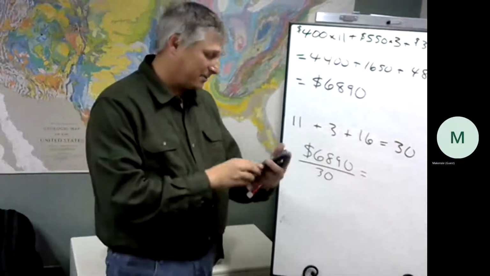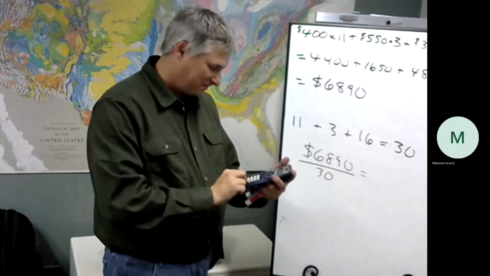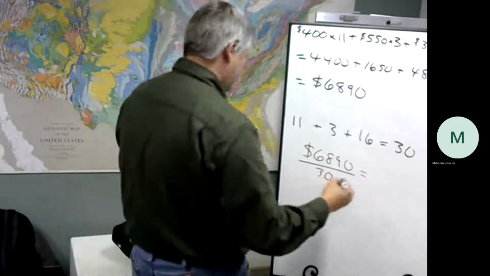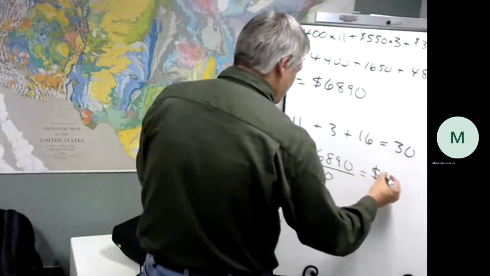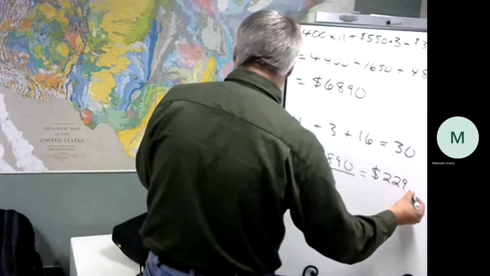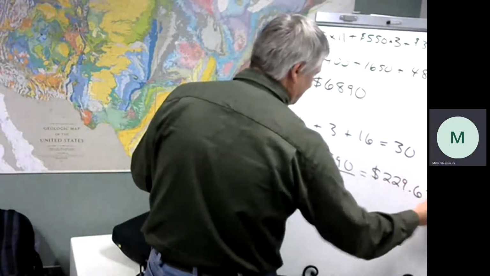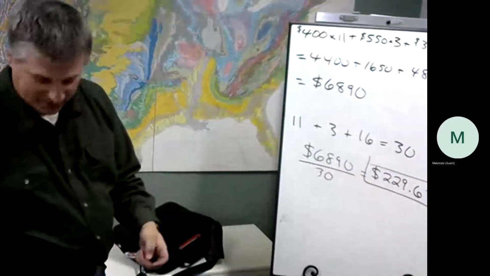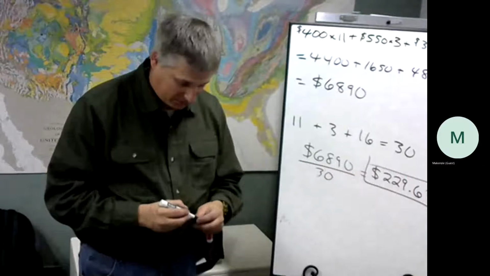Rounding to the hundredths place comes out to $229.67. And so that is your average daily balance.